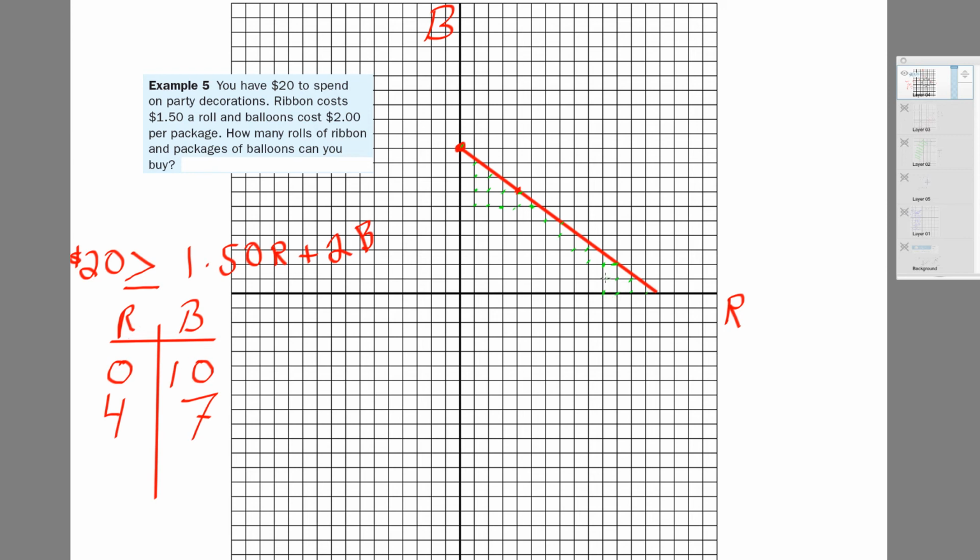It's gotten boring already, huh? So every point along this axis is possible. You could buy one package of balloons and nothing else, right? That could be your choice. You could save some money that way. Equally true, you could just buy ribbons. So these are all solutions to your inequality.